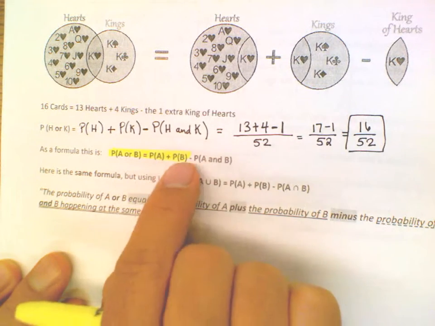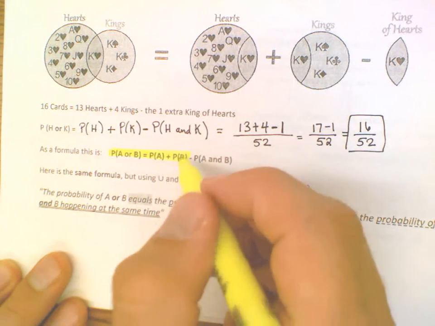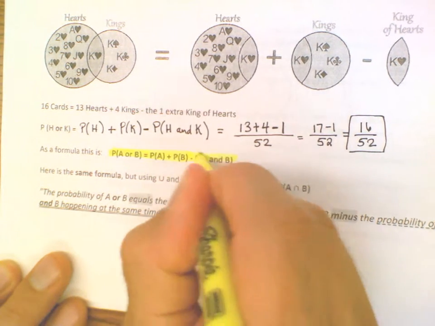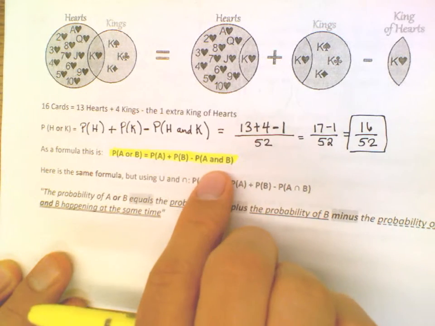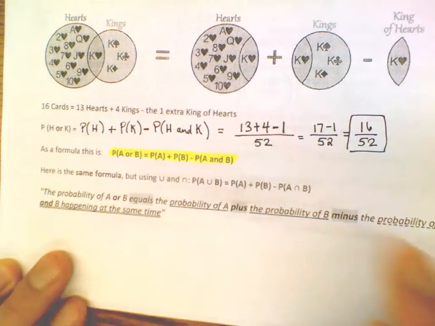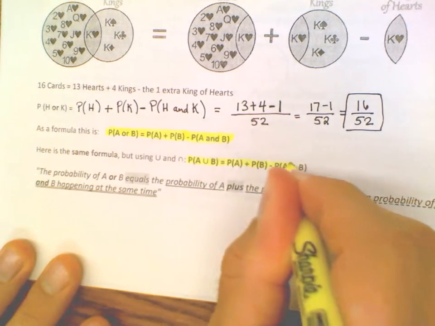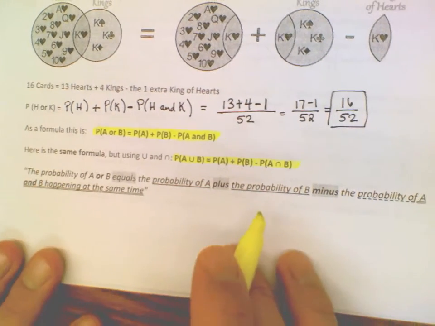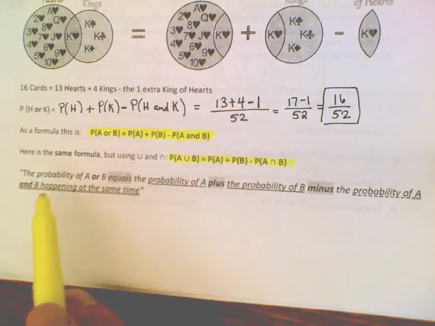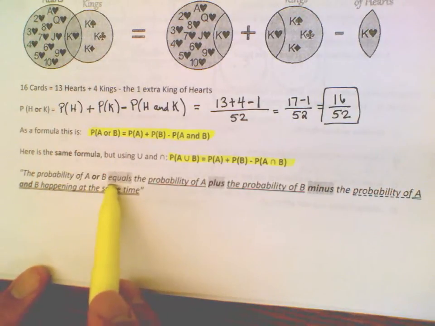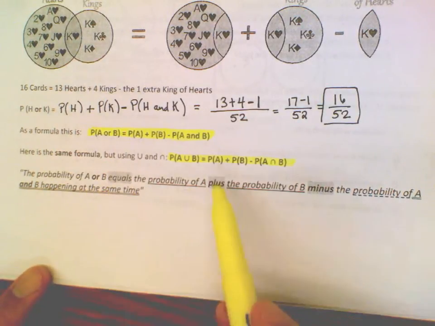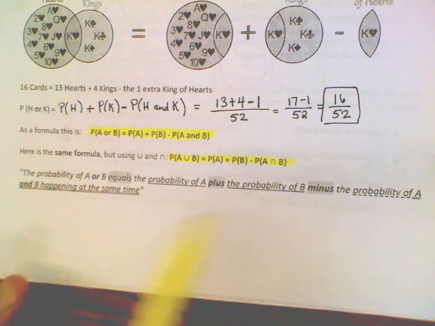However, look, this one has a subtraction at the end. You're going to have to subtract out the overlap. And if you read it using words, it says the probability of A or B is equal to the probability of A plus the probability of B minus the probability of A and B happening at the same time.